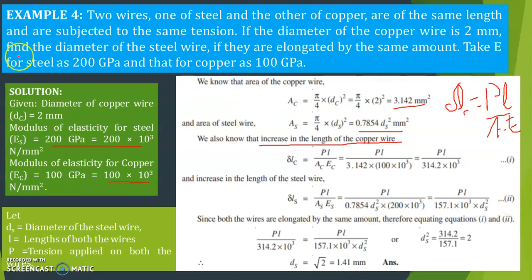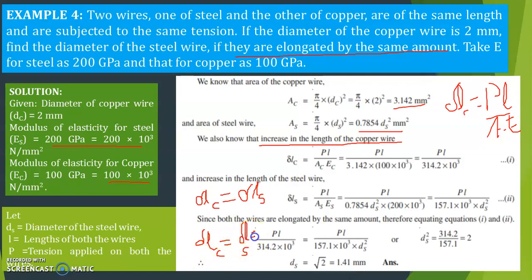Here in the problem, it is told that if they are elongated by the same amount, it means the elongation is the same for both steel and copper. So delta LC is equal to delta LS, the deformation of steel.